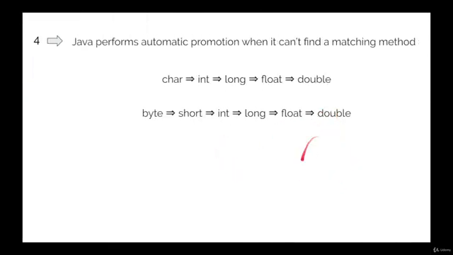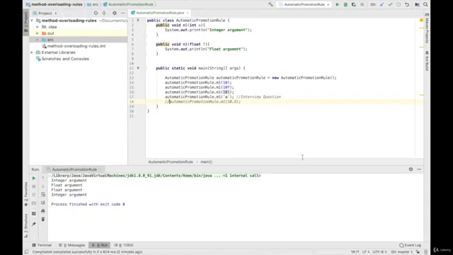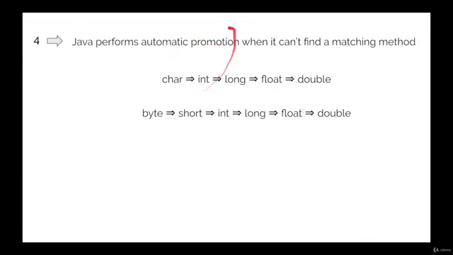So this is how automatic promotion works in Java. I hope you got clarity on this rule. Whenever Java finds that you are calling an overloaded method which doesn't have a matching type, the compiler doesn't throw an error immediately.